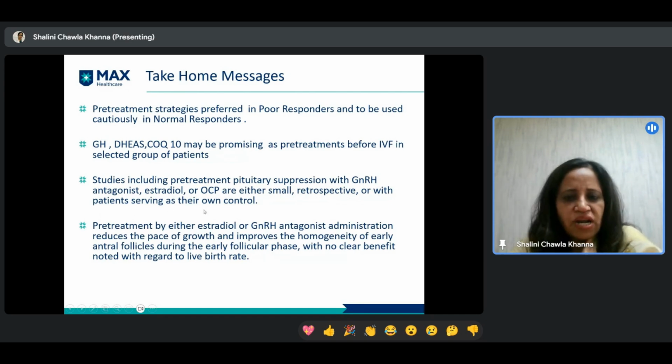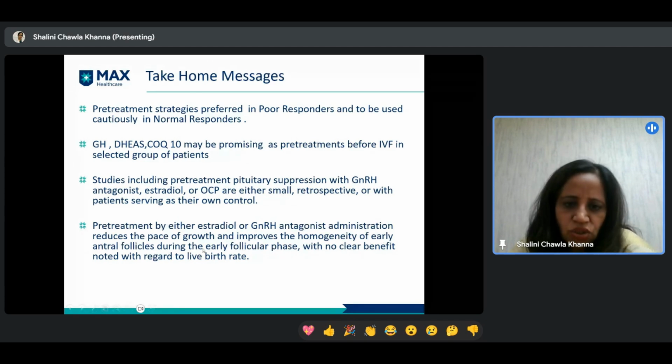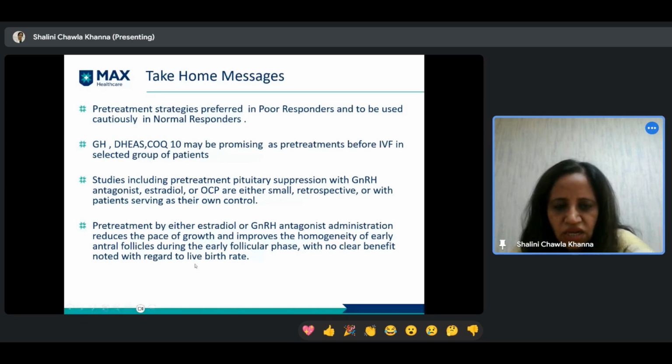So we need more randomized studies to prove whether we should be using them right, left, and center, or be selective. Pre-treatment by either estradiol or GnRH antagonist administration reduces the pace of growth and improves the homogeneity of the early antral follicles during the early follicular phase, but no clear benefit has been noted with regard to the live birth rate.